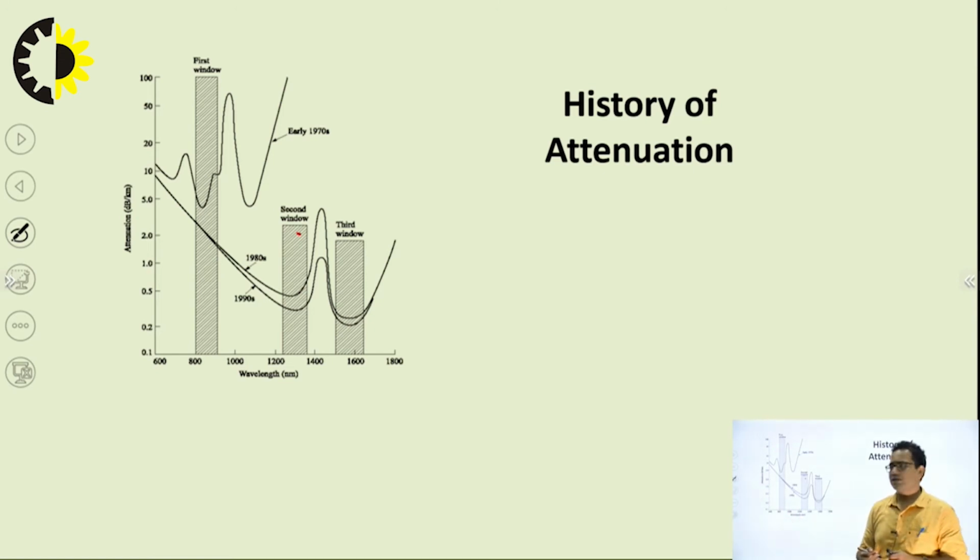But the problem with this window is that it provides an attenuation of around 5 dB per kilometer. Still, 5 dB per kilometer is bearable in optical fiber communication, because it provided a very huge shift in bandwidth. Then step by step various changes took place in the optical fiber: various purification, and removal of moisture from the fiber during fabrication.